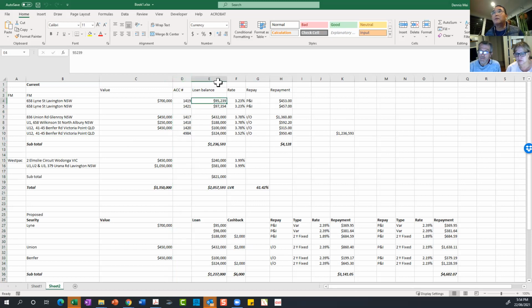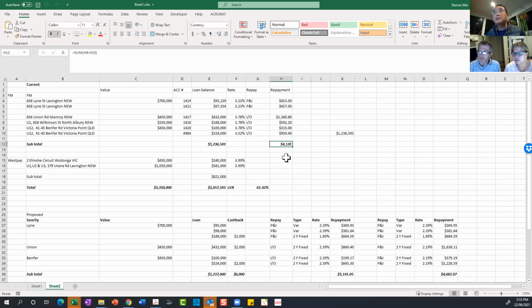and this is the current loan balance, 95,000, 97,000, 432,000. And then that's the interest rate you are paying according to the statement. 3.23, 3.78, and the last column is the current repayment.